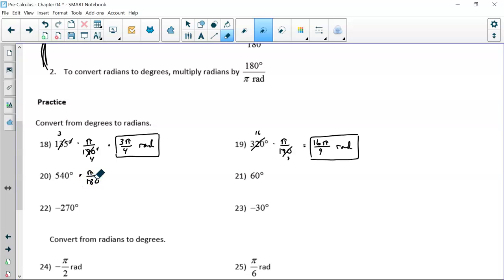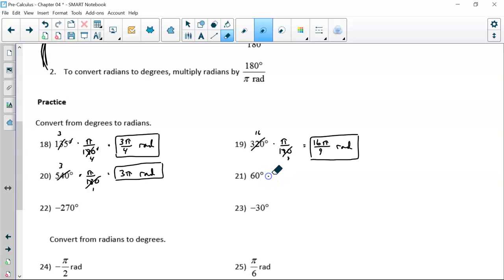They're both divisible by 180. So that's going to be 1. And 540 divided by 180 is actually 3. So it's going to give us 3 pi radians.